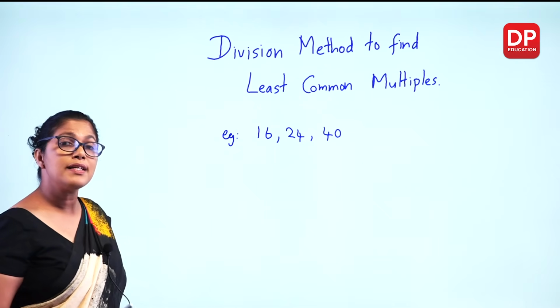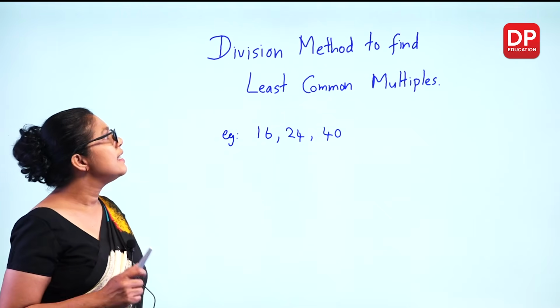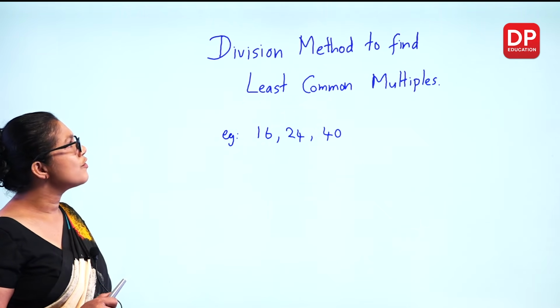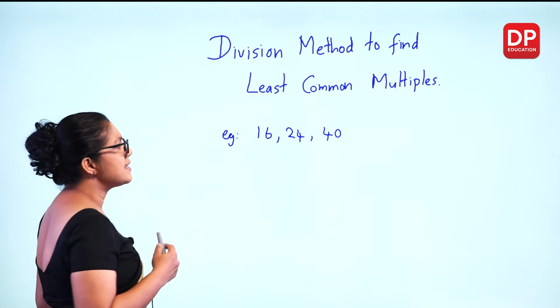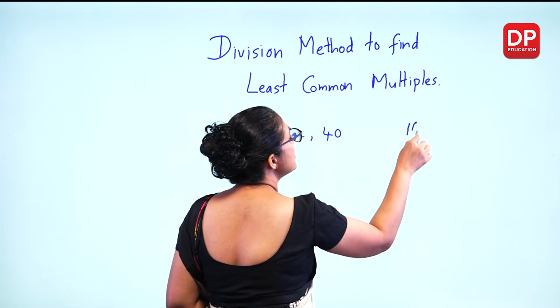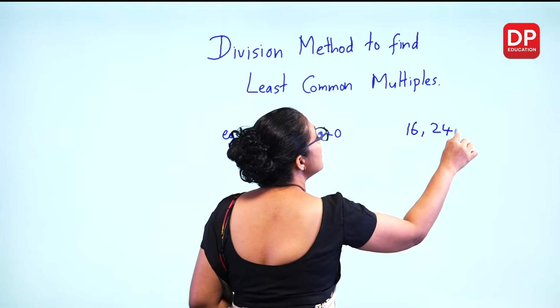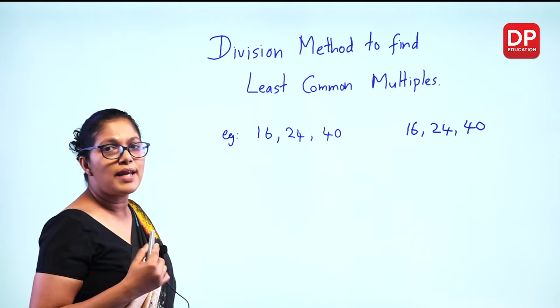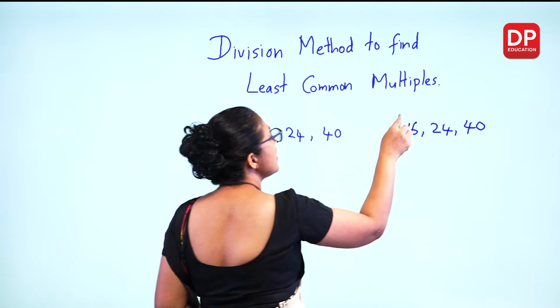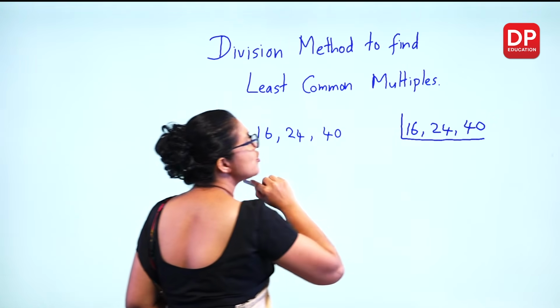Now we'll use another method to find the least common multiple. That's called the division method. In the division method, you can take all 3 numbers straight away and divide by prime numbers till you get 1. First we'll divide by 2.